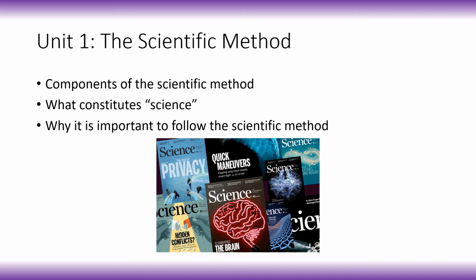So we're going to look at why it's important to follow that method, or at least to follow a method that's as rigorous, as detailed and methodical as the scientific method that we're going to discuss, in order to get reliable and accurate results that we can then use in our daily life and in society.